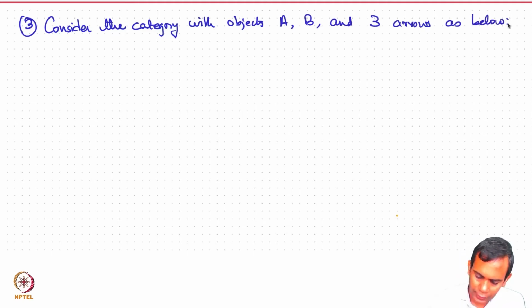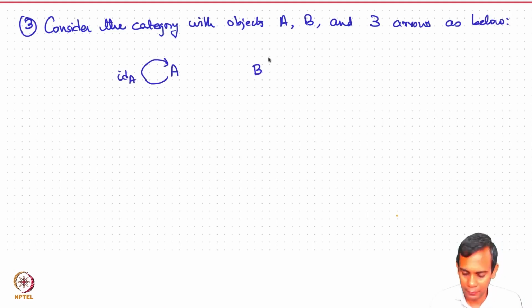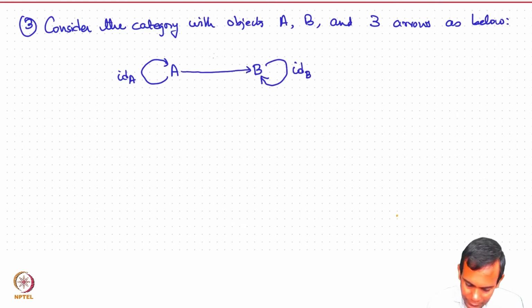So let me show you what the arrows look like. So we have an object A, we have an object B. We must have an arrow identity A from A to A. We must have an arrow identity B from B to B. And we will have, let's say, an arrow F from A to B.